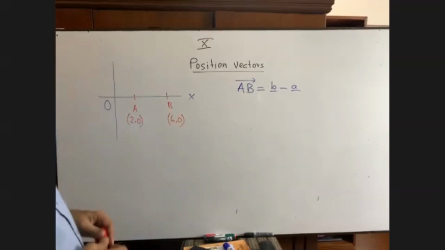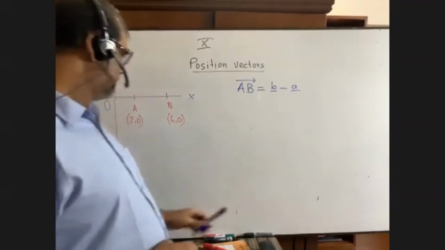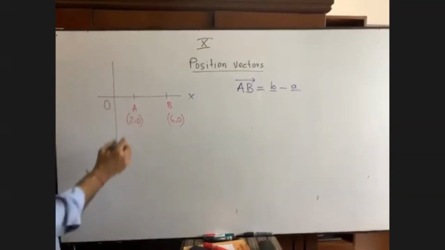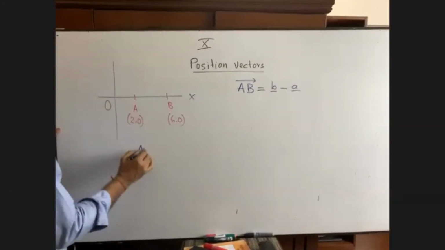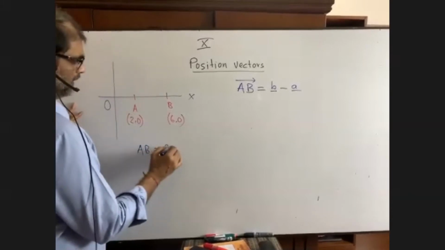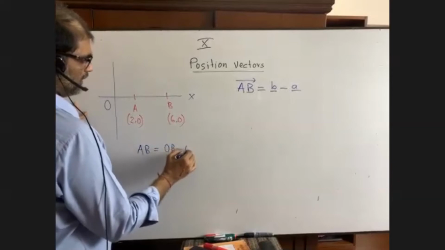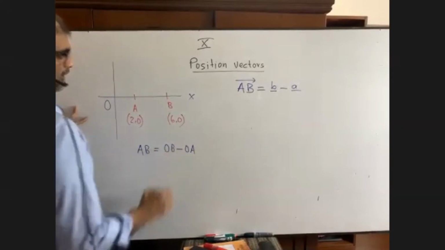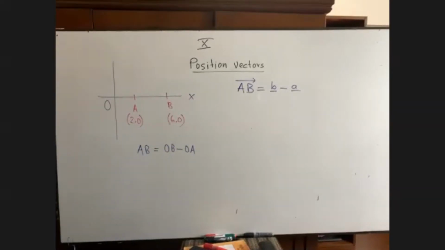Now, can you please tell me what's about AB? AB goes to what here? OB minus OA. Am I right? Is it or not?